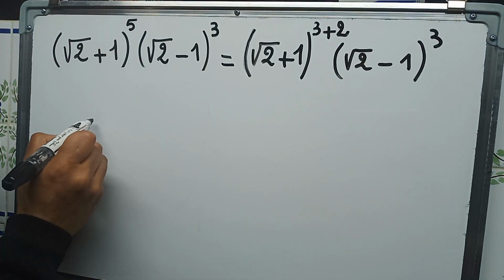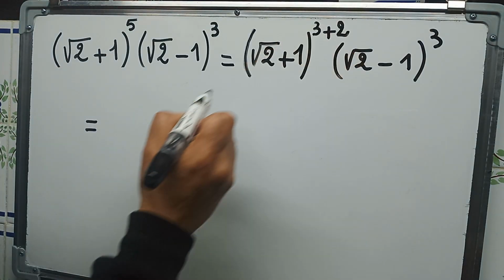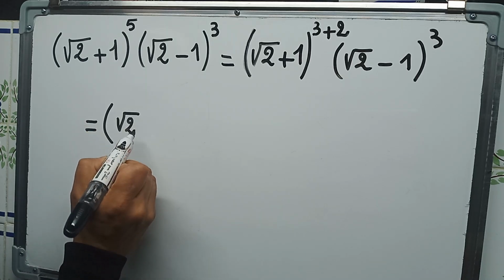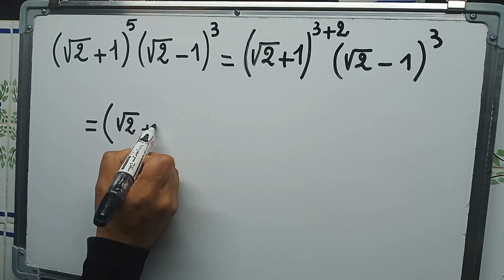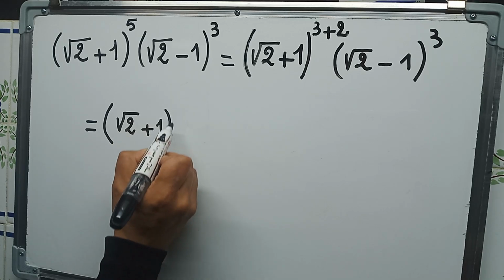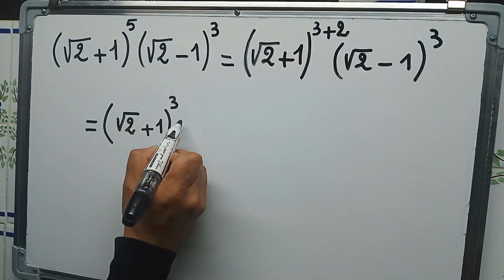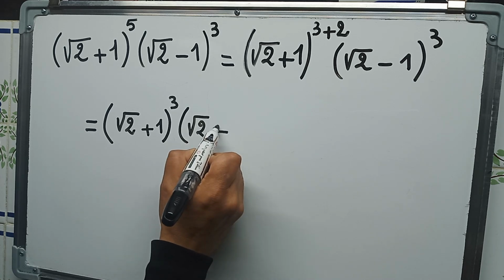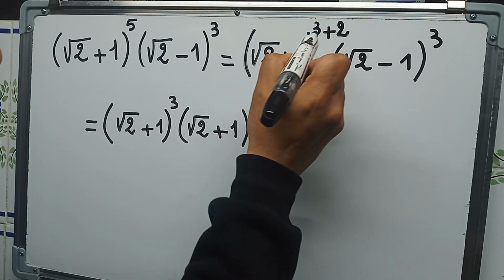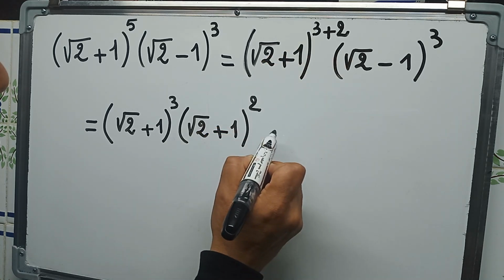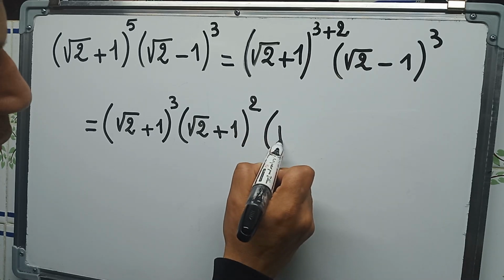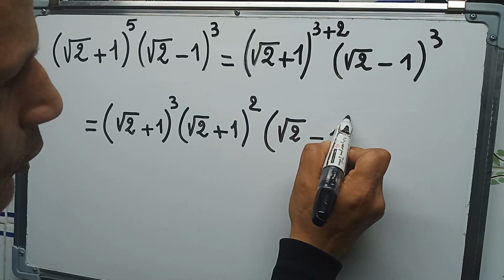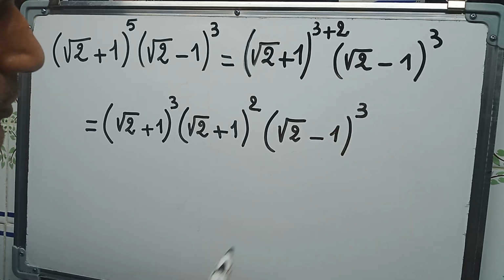And here it's of course equal to, here, the property of powers, square root of 2 plus 1 to the power of 3 times square root of 2 plus 1 to the power of 2, or squared, times square root of 2 minus 1 to the power of 3.